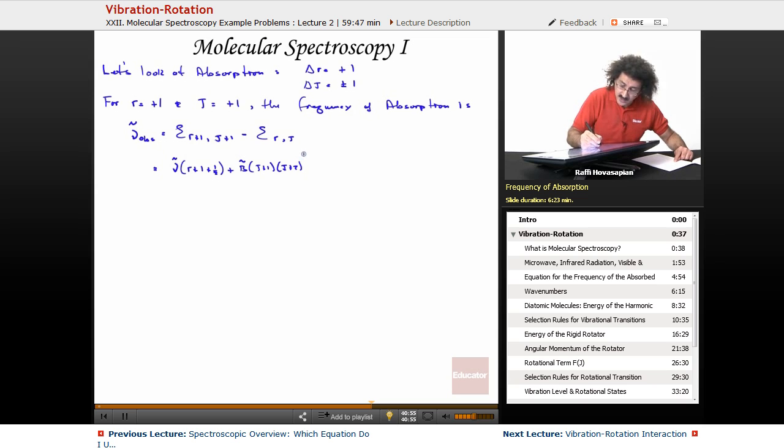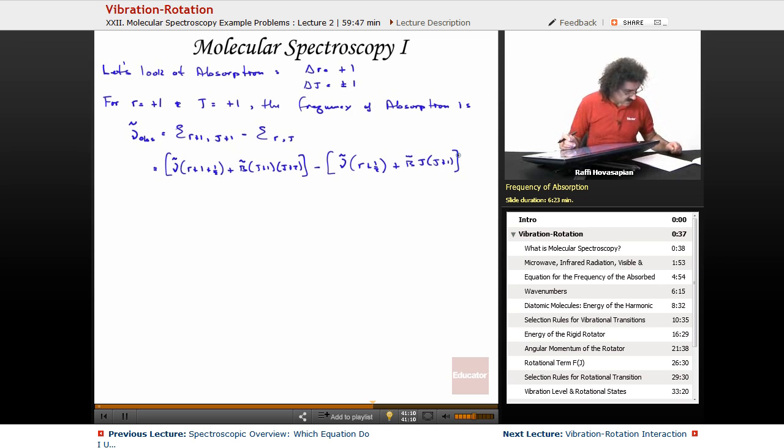This is the upper state minus the lower state, which is nu tilde times R plus 1/2 plus B tilde times J times J plus 1. I don't know if I should actually go through all of the algebra here. You know what? I think I actually will. At least I'll do it for this one.